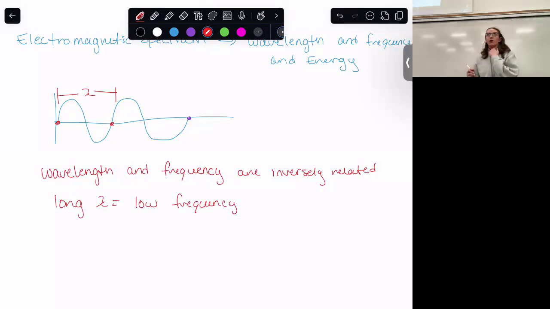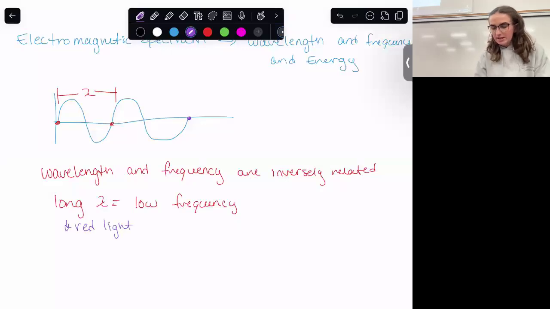What's an example of a long wavelength on the electromagnetic spectrum? Red light, yep. So red light is a long wavelength in comparison to, like, green, blue, purple.